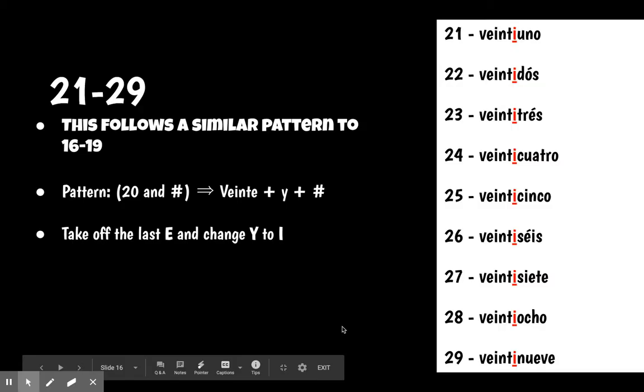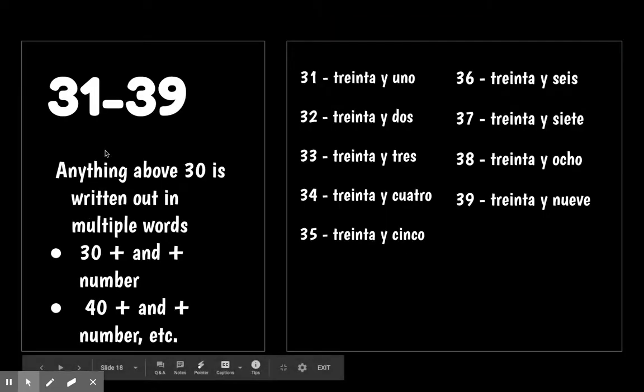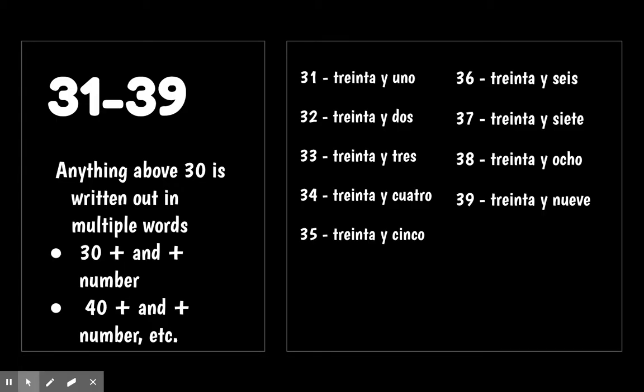30. So now we're just going to learn how to count above 20s. When we get to 30, then we just write everything as a separate word. 16 to 29 must be smushed together.